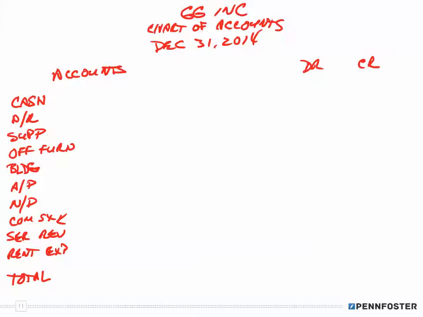On the chart of accounts, I would include the account numbers, and that's why I like to include them. The author of the book doesn't do it, but a trial balance is a listing of the accounts, so basically it's the chart of accounts and the balances in the accounts. So all I do is just erase that and make this a trial balance.